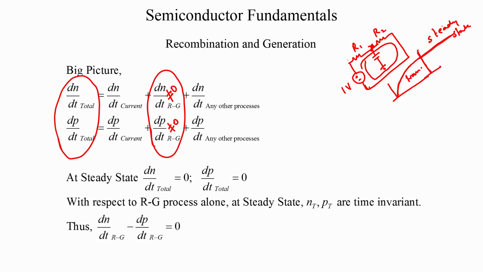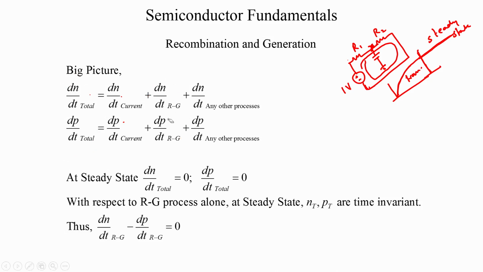So, in non-equilibrium these rates need not be 0, and in the non-equilibrium transient condition all these parameters need not be 0, but at steady state and non-equilibrium these total effective variations in n and p have to be equal to 0, whereas these individual rates need not be 0.